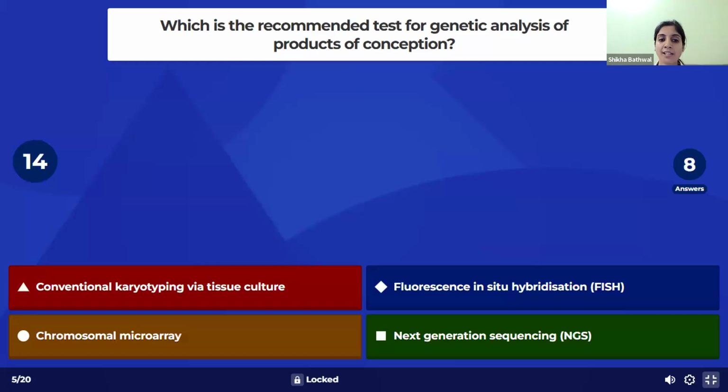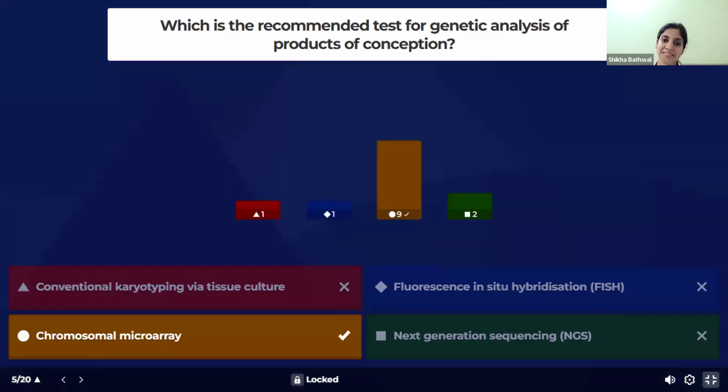Conventional karyotyping via tissue culture, fluorescence in situ hybridization, chromosomal microarray, or next generation sequencing. So 9 people, most of you, have got it correct. This was already discussed by Dr. Picky ma'am in her talk. So this chromosomal microarray, also called array CGH, is the recommended test.